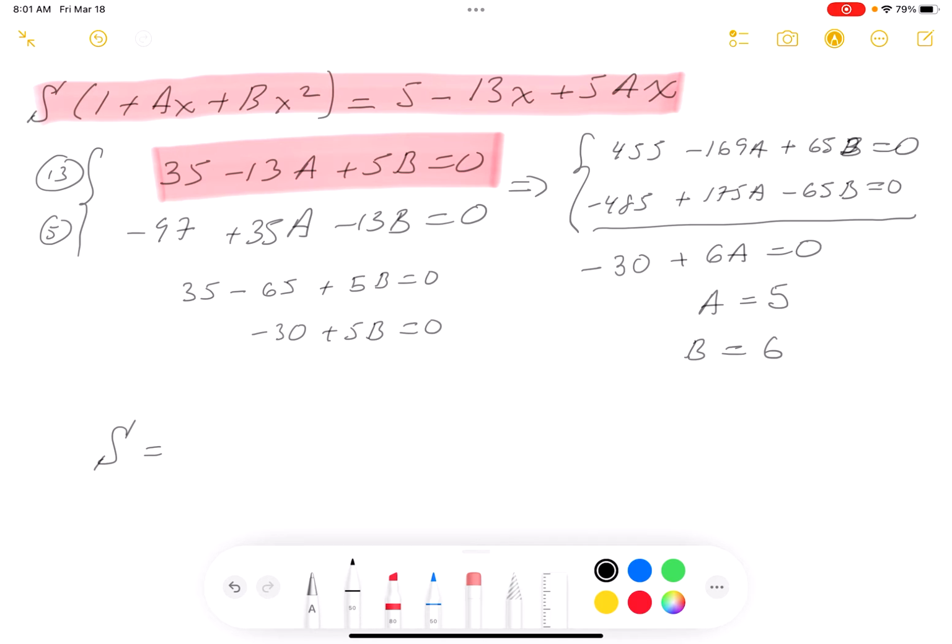It's going to be 5, well, a is 5, right? So what do you get? You get minus 13 plus 25, which is going to be plus 12. And what do you get on bottom? Well, you're going to get 1 plus a, that's 5x, plus b, and that's going to be 6x squared.